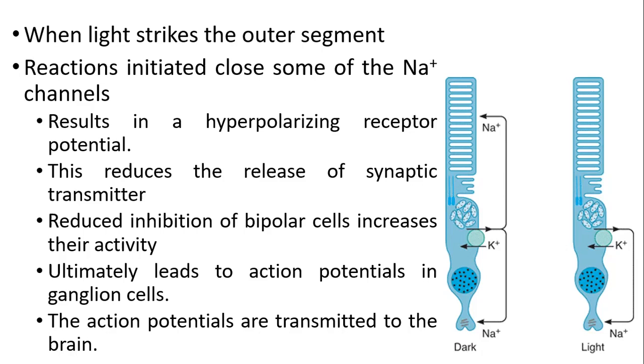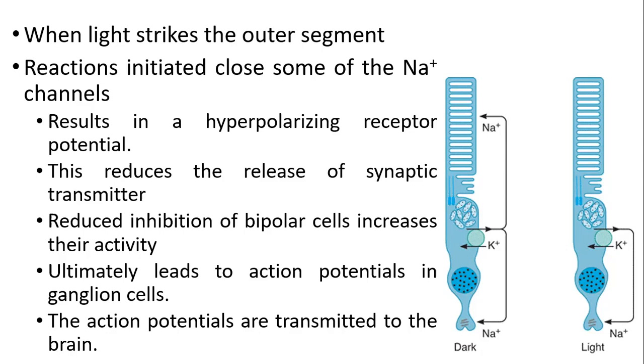Reduced inhibition of bipolar cells increases their activity, which ultimately leads to action potentials in the ganglion cells. The action potentials are then transmitted to the brain.